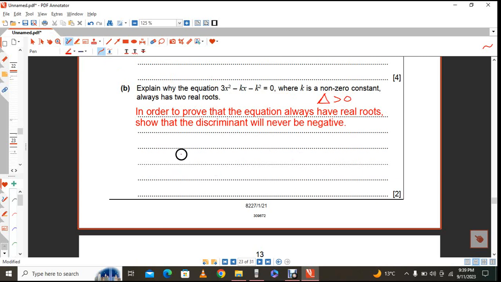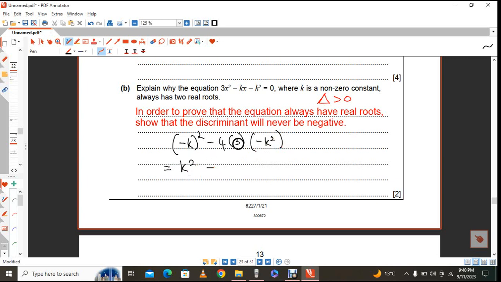Okay, so again, going ahead, you're going to say the discriminant. So you're going to say the value of b, which is negative k squared, minus 4 times 3 times. Now here you need to be a little bit careful, and you must see how I am writing. So inside I'm writing negative k squared as opposed to writing that outside. Okay, this is very important. So this gives you k squared.